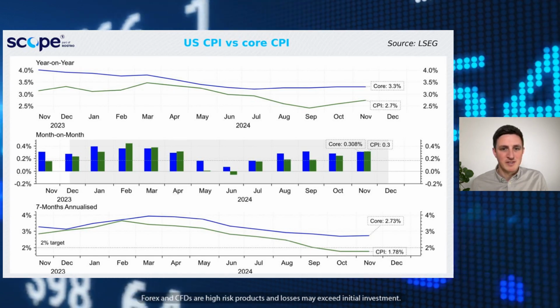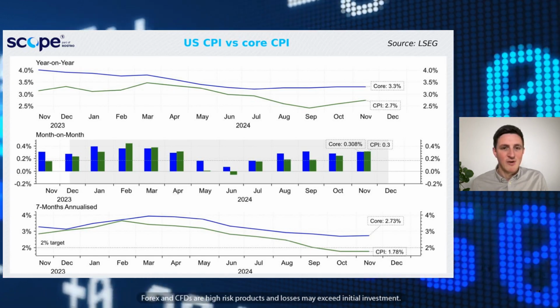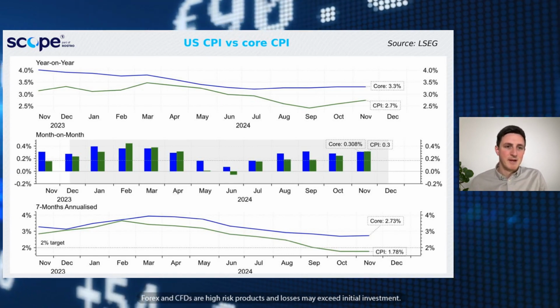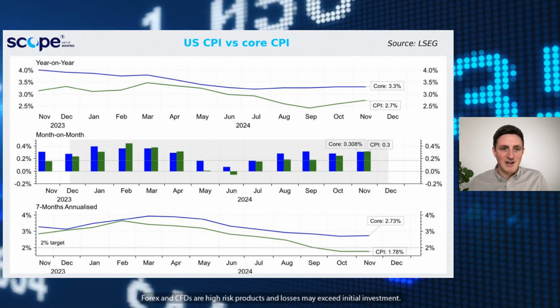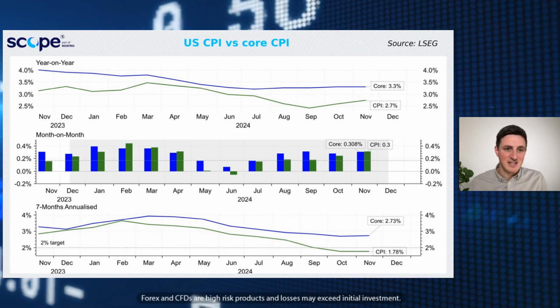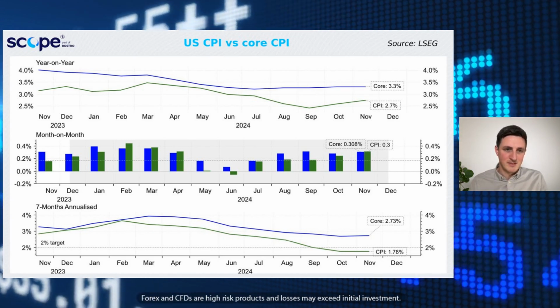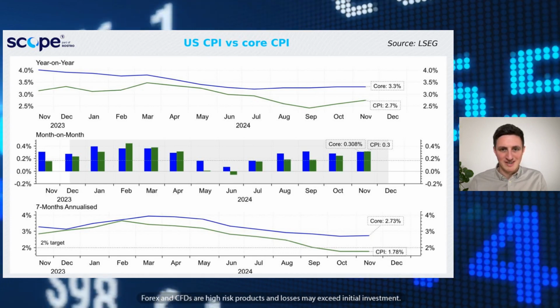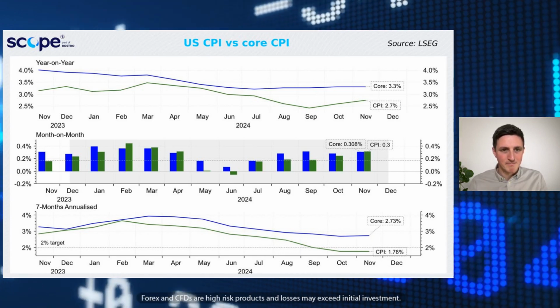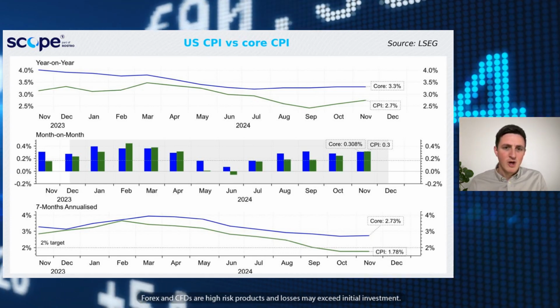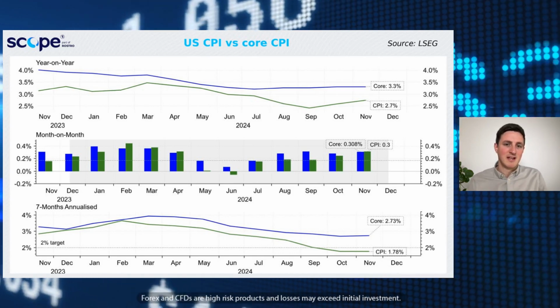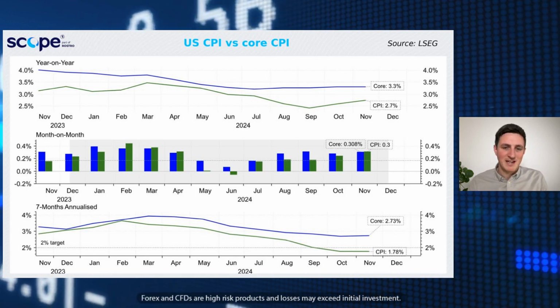And so as you see with the 7-month annualized, if you look at that middle section here of the chart, the right looks very similar to the left, whereas previously you were looking at, okay, once that first 6 months of 2024 strips out, then we're likely to see major disinflation. That looks less likely now, but we're still on track to get below that 2% target in terms of headline inflation.